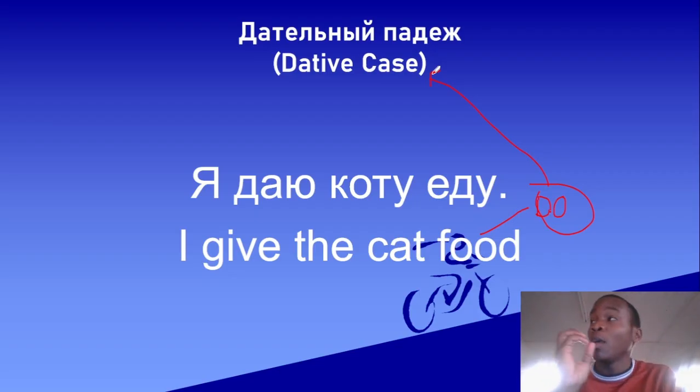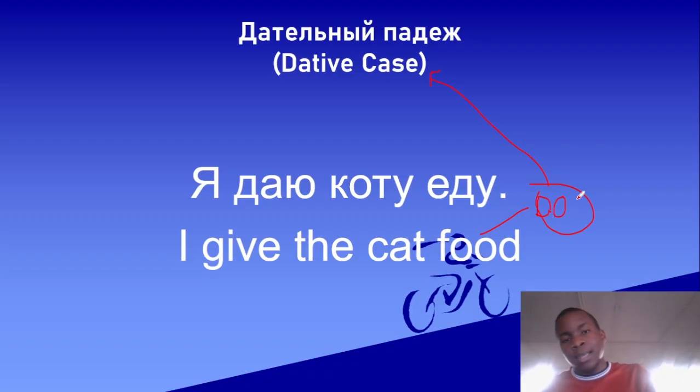The word dative, the Datelni, comes from Latin, the word do. As you can see here, do, direct object. I'm trying to make it all come together and make a little more sense. So do, dative case. That is our direct object, and this is our indirect object.